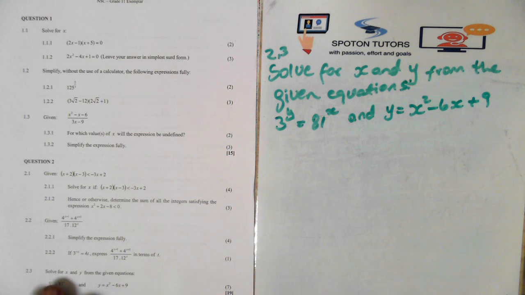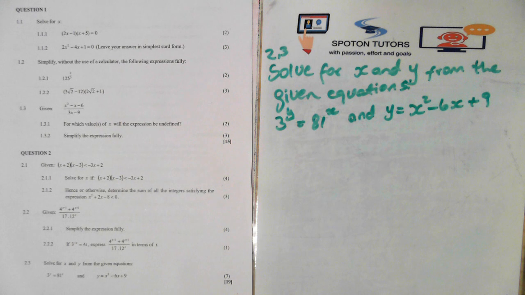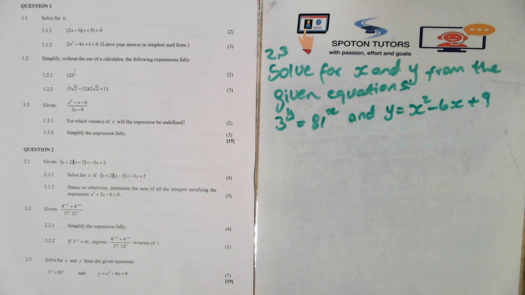That's what this part of the question paper asks of us. I just felt like copying it out nicely for you. Solve for x and y from the given equation: 3 to the power y equals 81 to the power x, and y equals x squared minus 6x plus 9. Nice problem, very beautiful problem. What do we need here? We need to understand the concept of exponents.